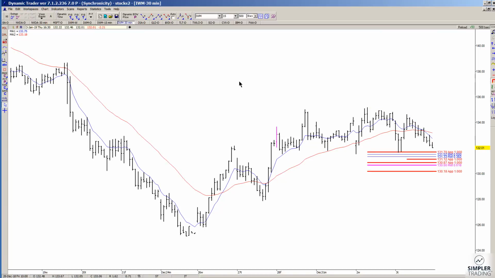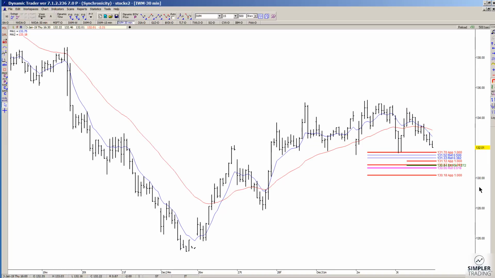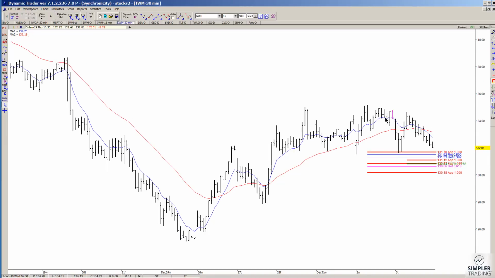We actually have an extension of this low to this high. Okay, and then I have one really important area that stands out as far as, if we're going to continue down from that sell zone.